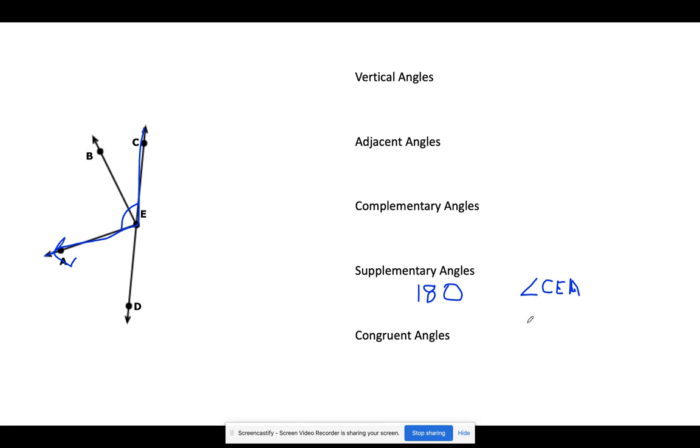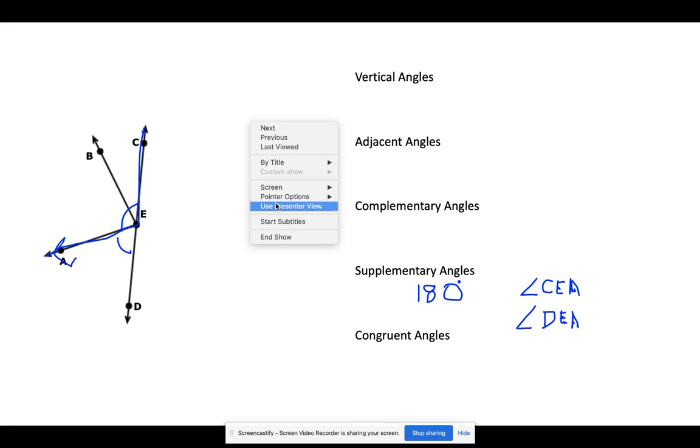That angle is supplementary to angle DEA because the two together add up to 180, right? That's this angle here. This angle plus this complete angle is equal to 180 degrees, okay? So if two angles add up to 180, they are called supplementary.